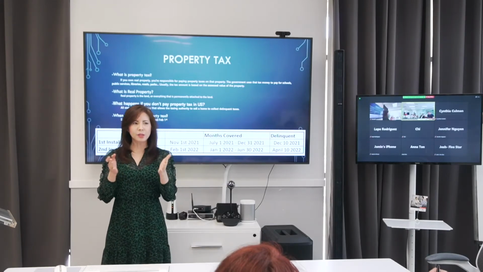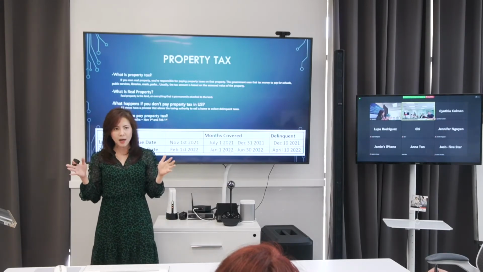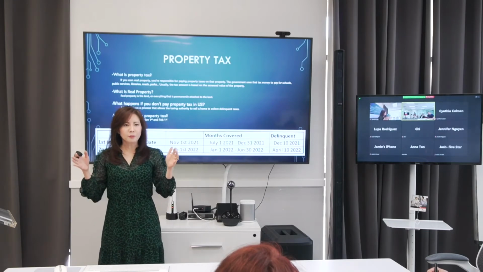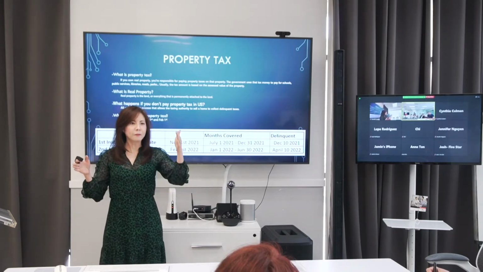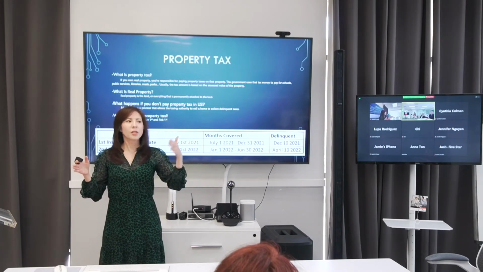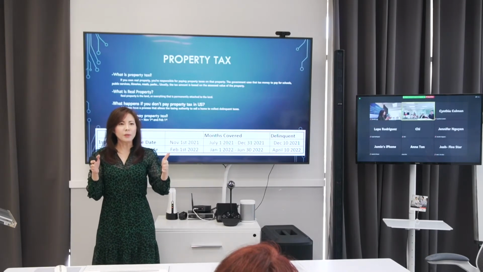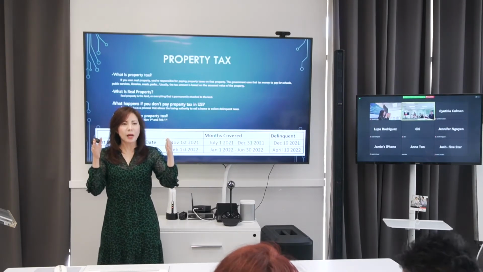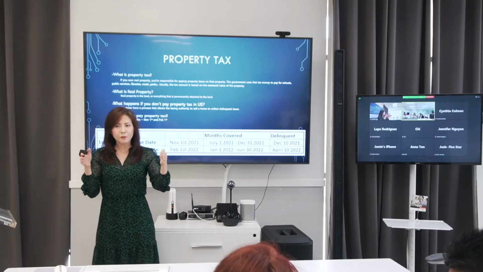Wait a minute. Did you see the fiscal year? It's kind of odd: the fiscal year for property tax starts from July 1st, not January. So the first installment covers July 1st to December 31st.